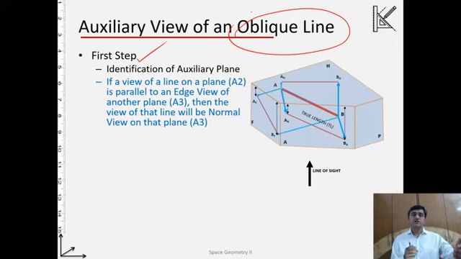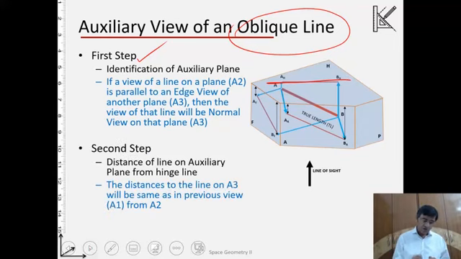We want to generate the normal view. First step is locate the auxiliary plane. And how do we locate it? We know it with the help of the projection on A2. Okay, so we look for the A2 plane and look for the projection of the line on A2. Parallel to that is the edge view of A3.